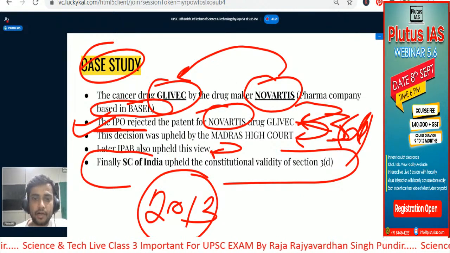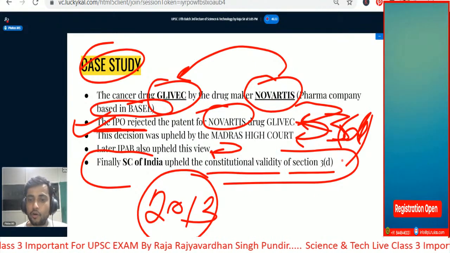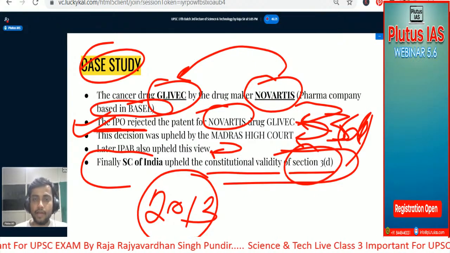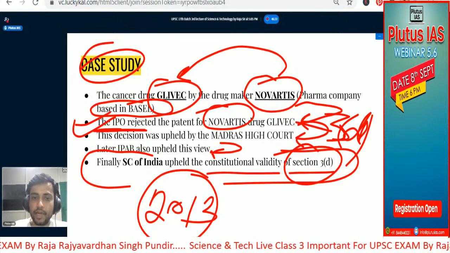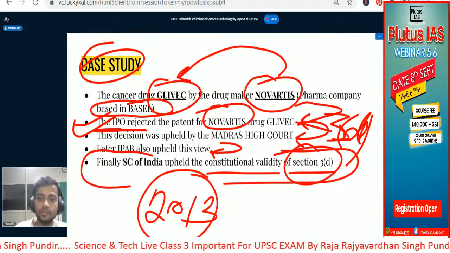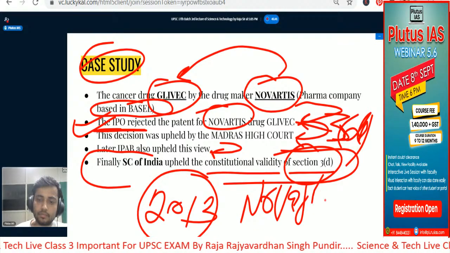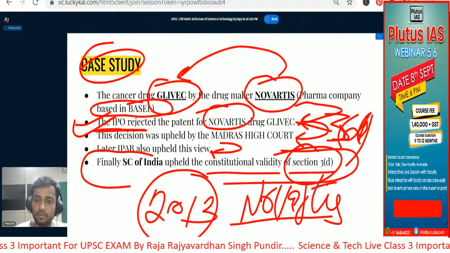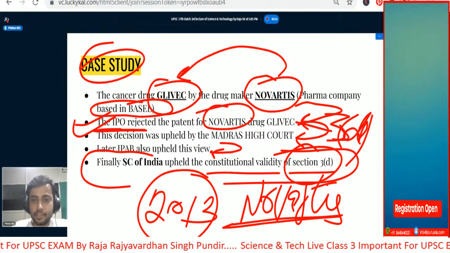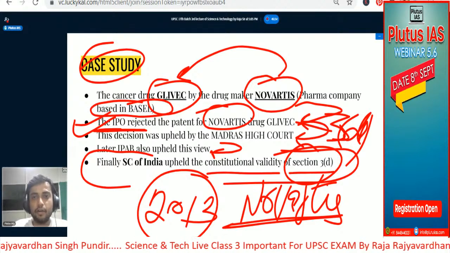In 2013 the Supreme Court upheld the constitutional validity of Section 3D. Section 3D is constitutionally valid and the Indian Patent Office has acted wisely. So they rejected the claim of Novartis. This judgment, and Section 3D of India, was welcomed in the developing world.